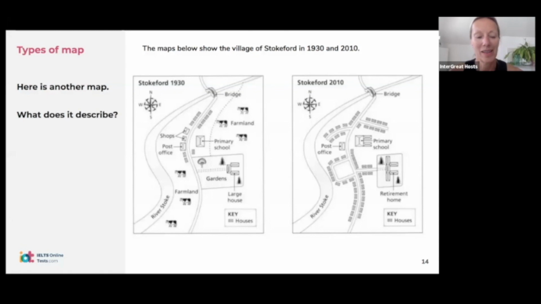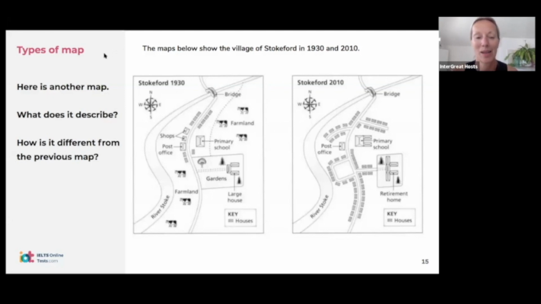Yeah, so it's a similar sort of thing. So growth in housing. Yeah, so again, it's kind of development changes. Yes, so similar things are being described, but the time is different. Okay, so that's how it's different from the previous map.